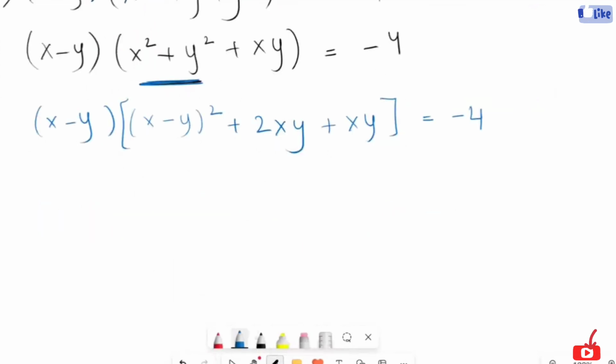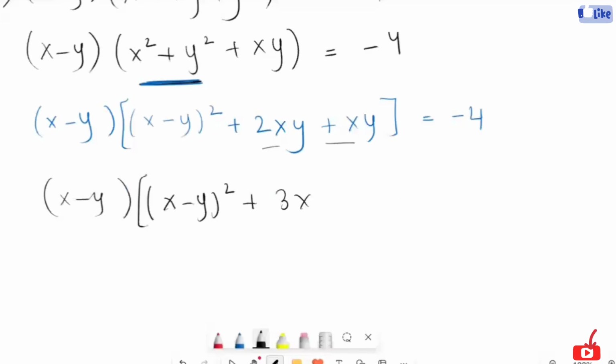Now here I will add up the like terms, so this equation turns to (x minus y) whole raised to the power 3 plus 3xy is equal to minus 1.